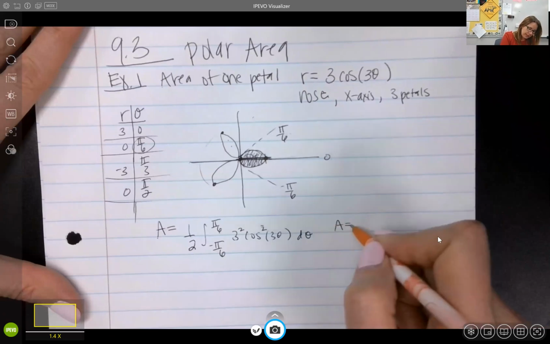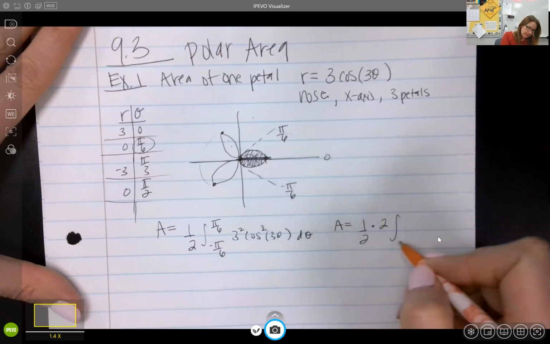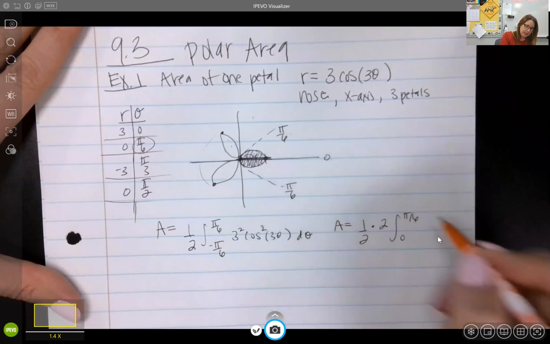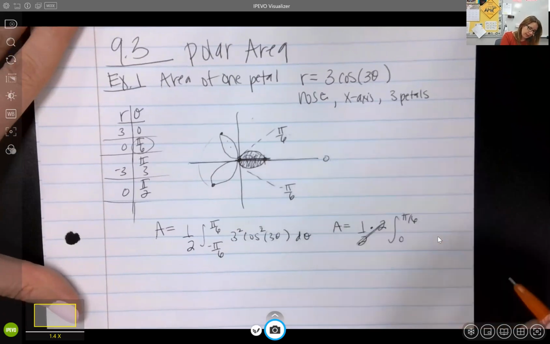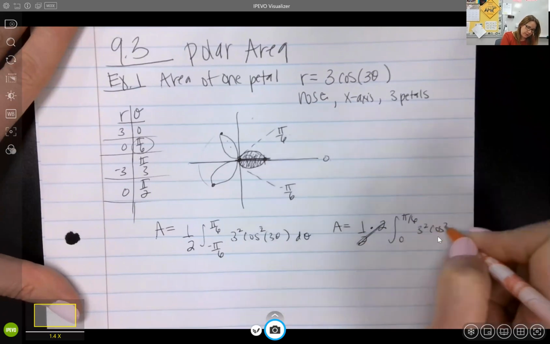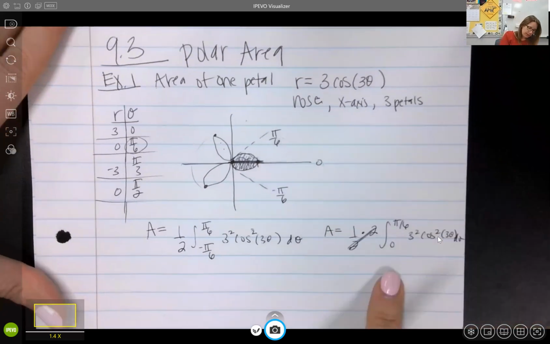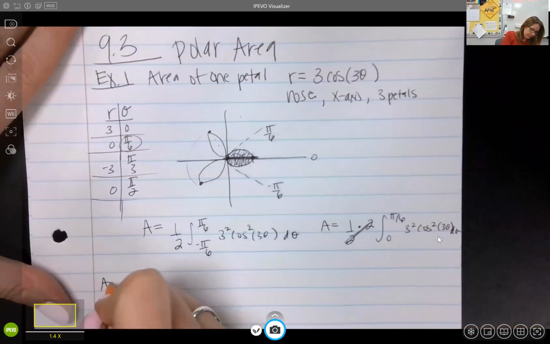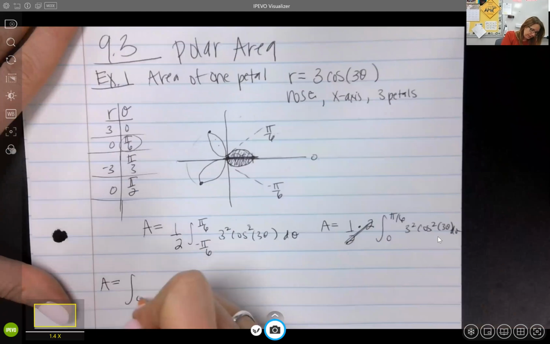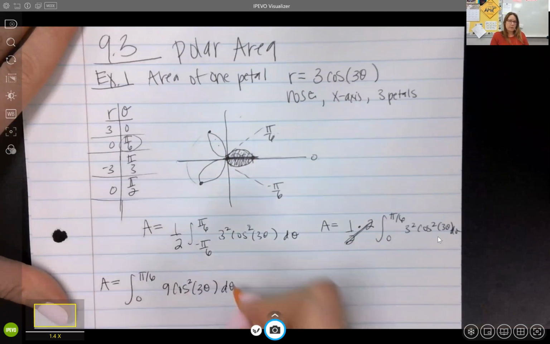So if I instead went 1/2 and I doubled 0 to pi/6, then I can get rid of this first 1/2, and then I get the 3 squared cosine squared of 3 theta d theta, okay? So this is what we're going to be doing here. So the area from 0 to pi/6 of 9 cosine of 3 theta squared, okay?